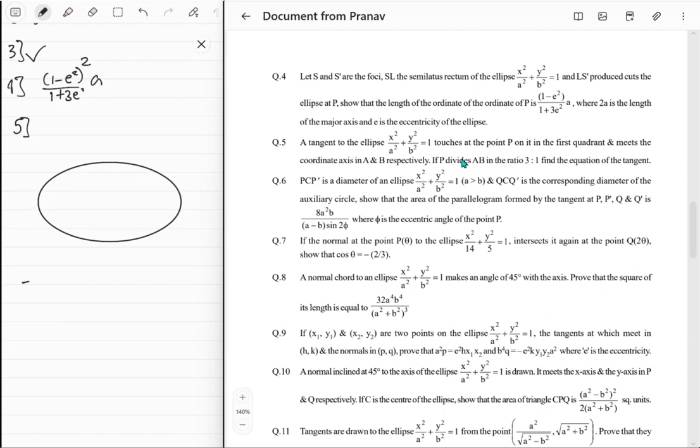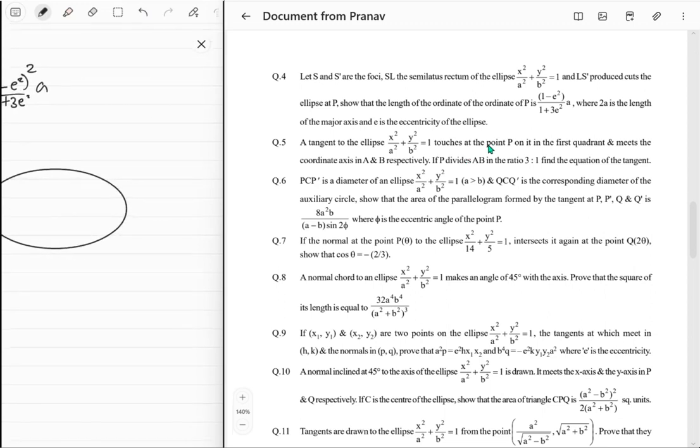Tangent at this thing touches at the point P. It's tangent at P basically. In the first quadrant, fine, and meets the coordinate axes in A and B. Okay. If P divides AB in ratio 3:1, so this thing is 3, this thing is 1. Okay, understandable.